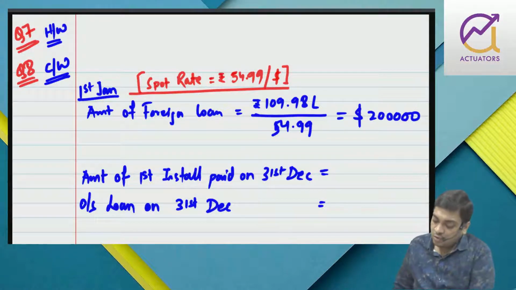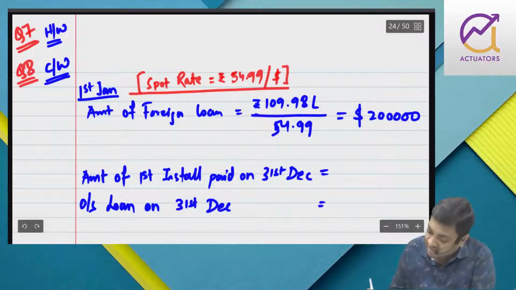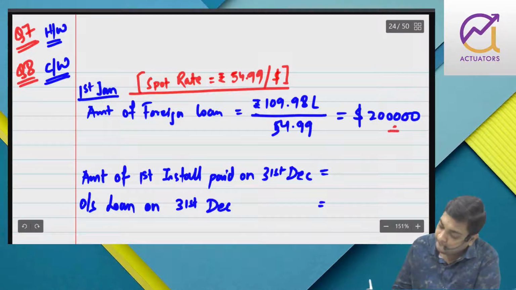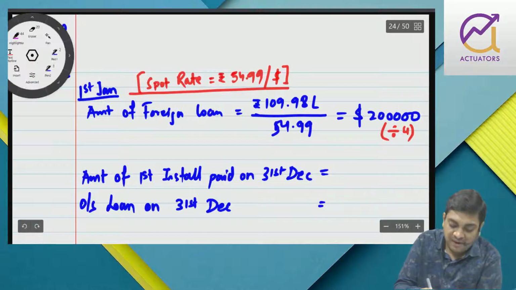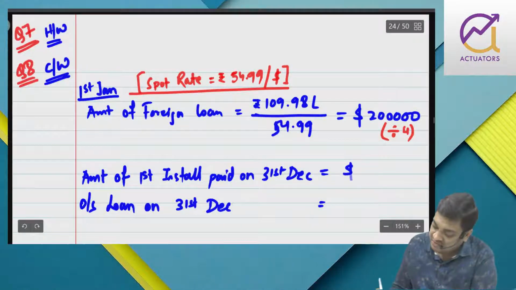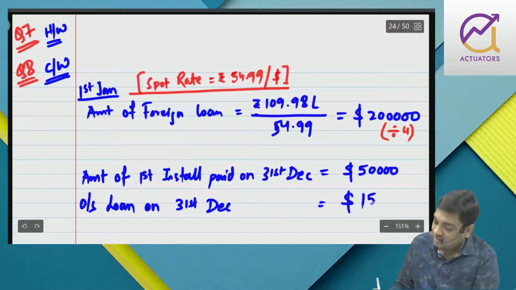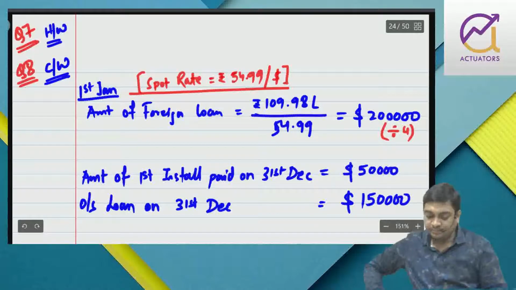So first installment paid, this divided by 4. So when you pay the first installment, you have to pay $50,000, and the balance will be $1,50,000.